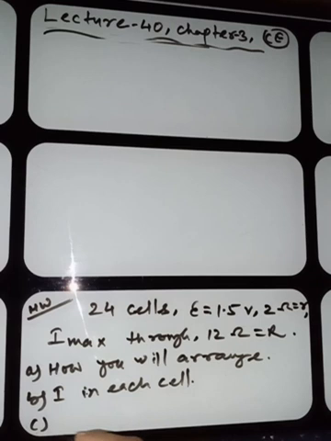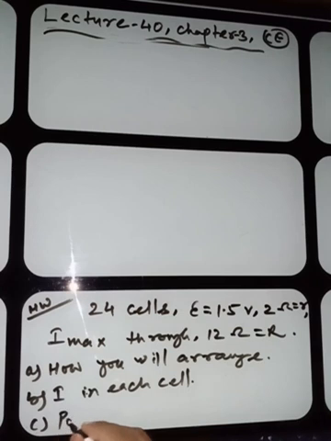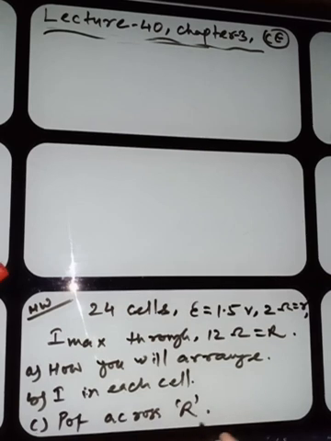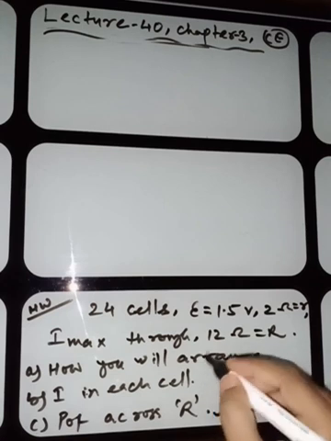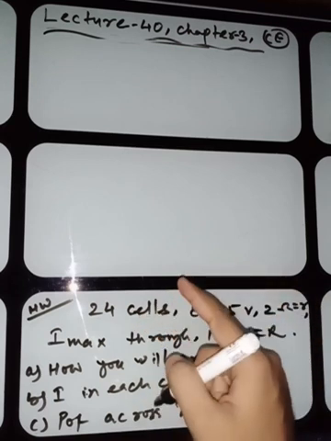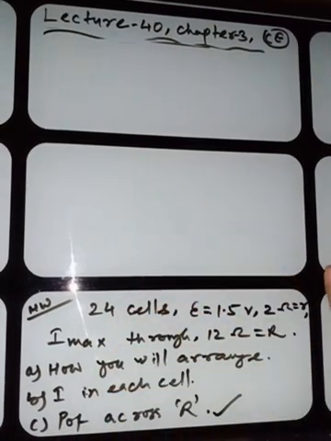And the third question, you have to find the potential across the external resistance R. Okay, my dear student, this is your homework. Try to solve it and give it in the group as soon as you solve this question. Next topic today we are going to start.